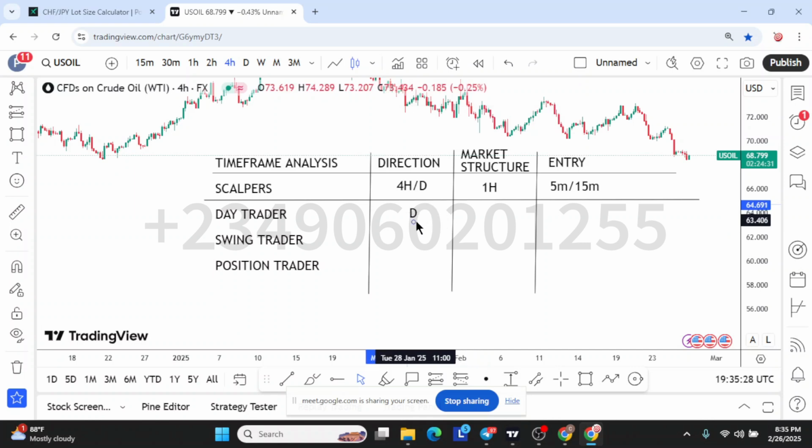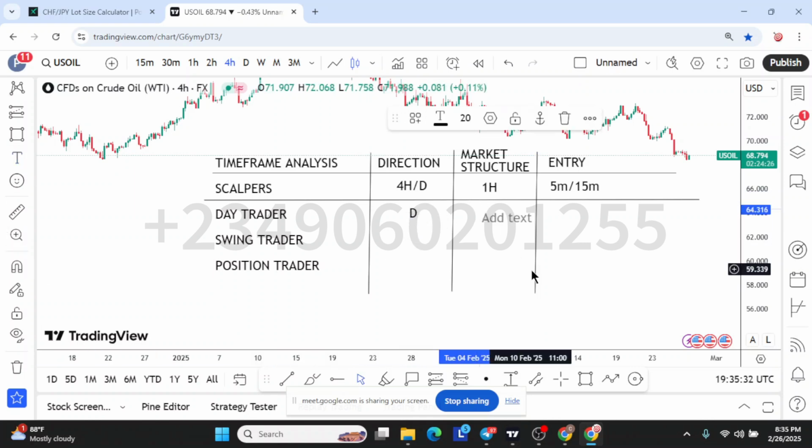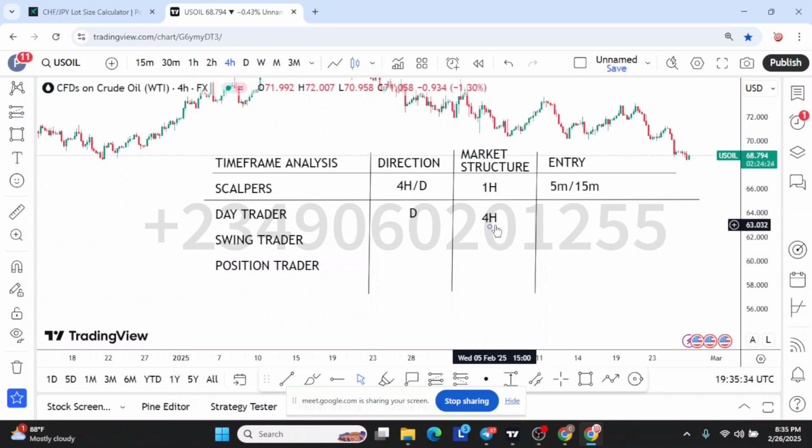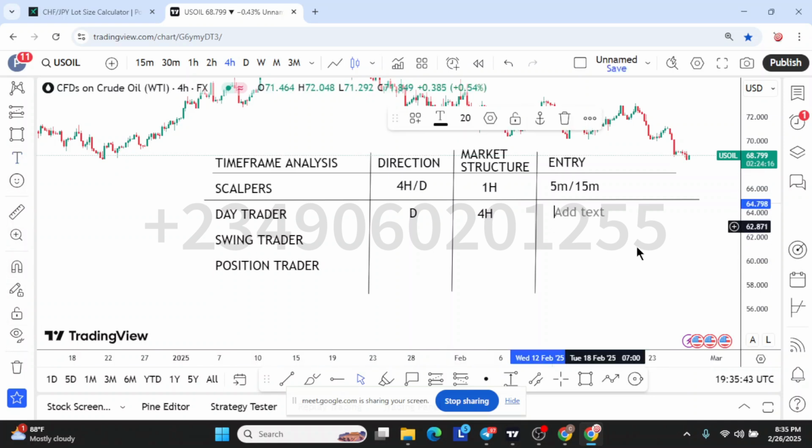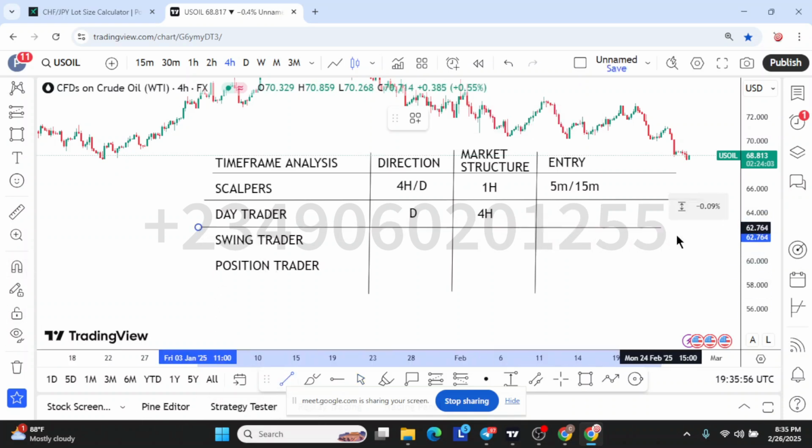And then their market structure time frame is the 4-hour charts. Entry time frame, the 1 hour or the 15-minute charts for day trader.